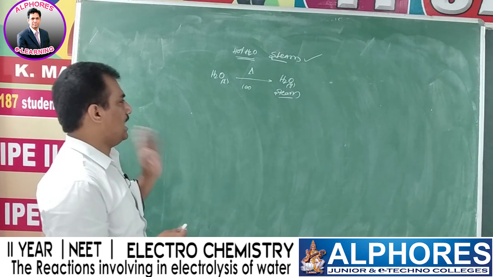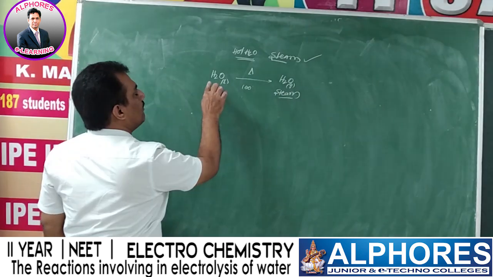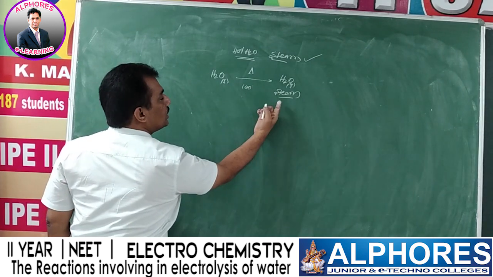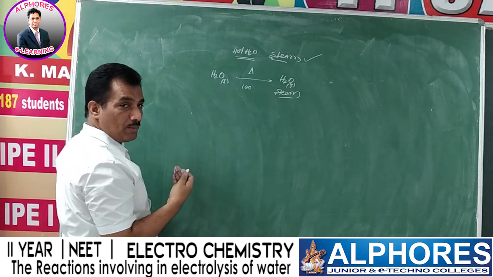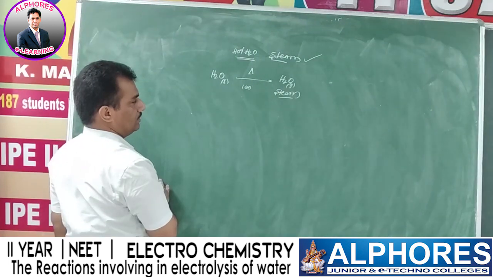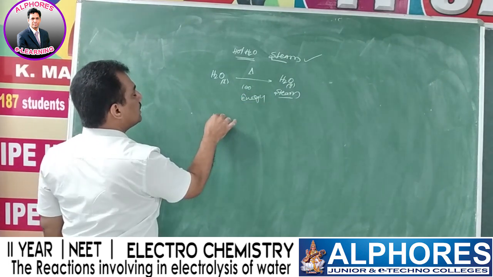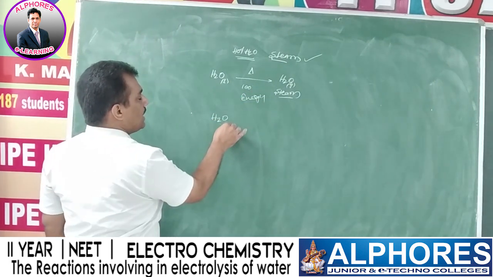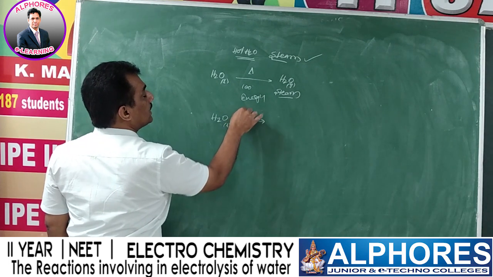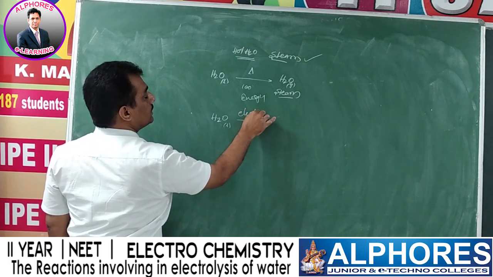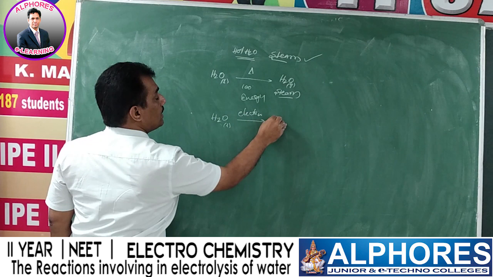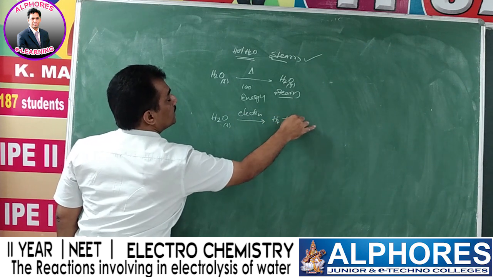Clear? And now coming to this. When water gets into steam, it has more heat capacity and gets into the gaseous state. Some energy is used. In a similar manner, here we are making this water split into H2 plus O2 gases by passing current, that is electricity.